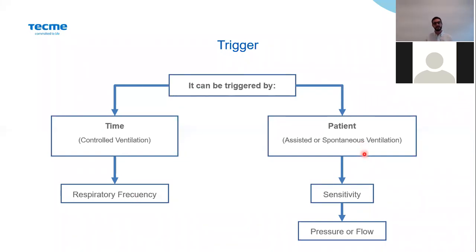Then we have the other ventilatory modes, which are assist or spontaneous ventilatory modes. In this case, the user is setting a sensitivity, and this sensitivity can be set by pressure or flow. So, of course, here we are talking about an inspiratory phase triggered by the patient.